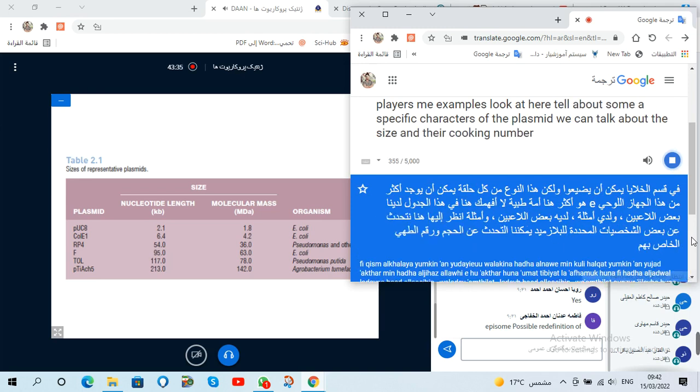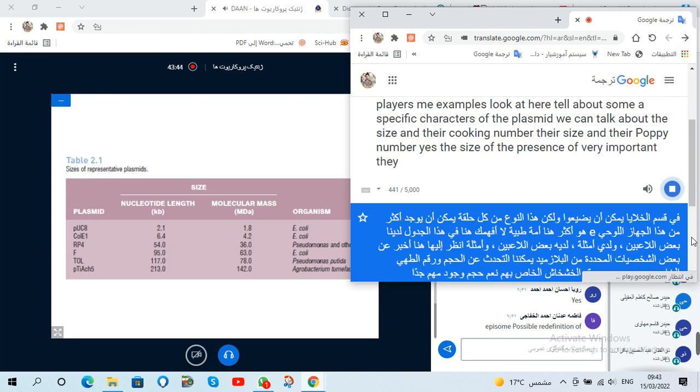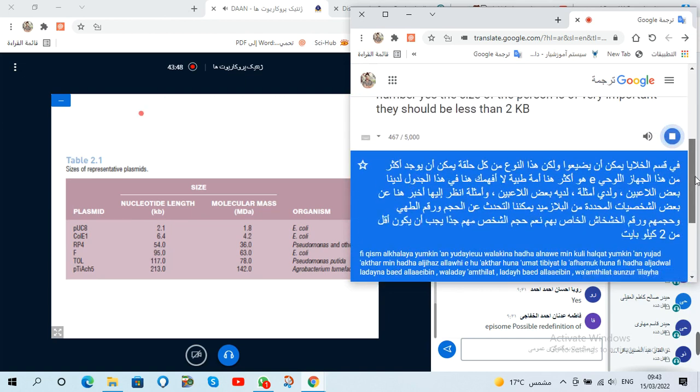The size of the plasmids is very important. They should be less than 10 kb.